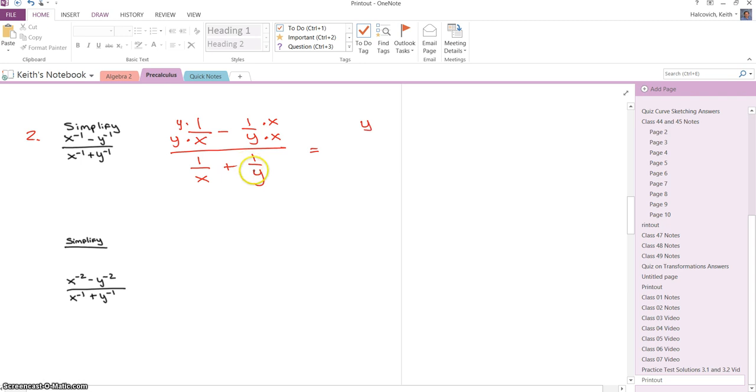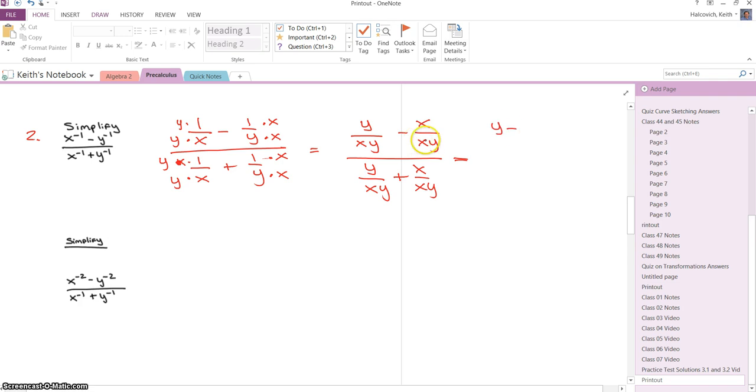So you get y over xy minus x over xy, over, and here we're going to multiply by y, and here by x. So we get y over xy plus x over xy.